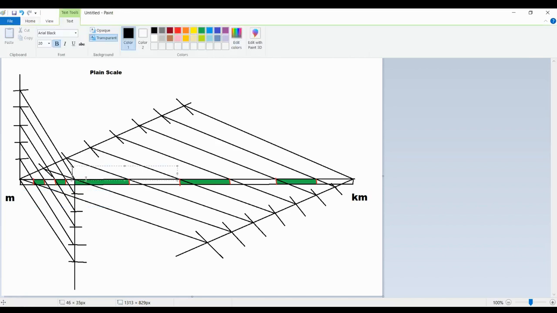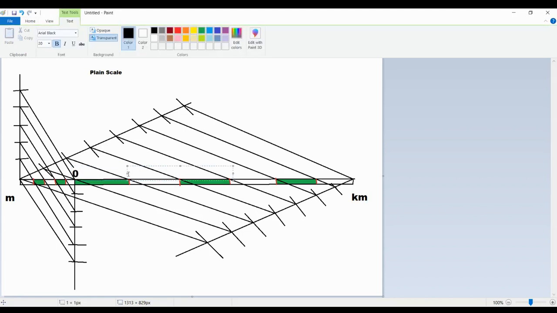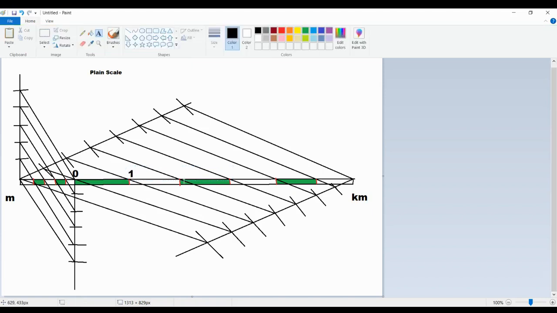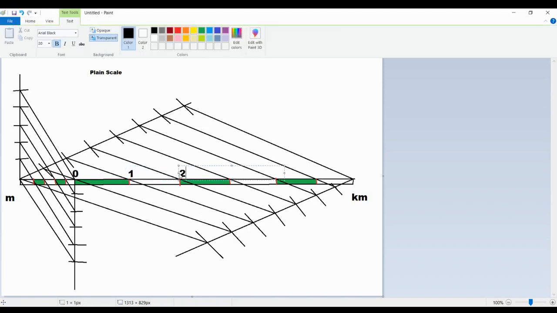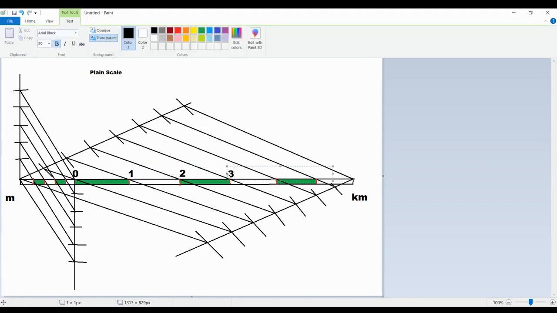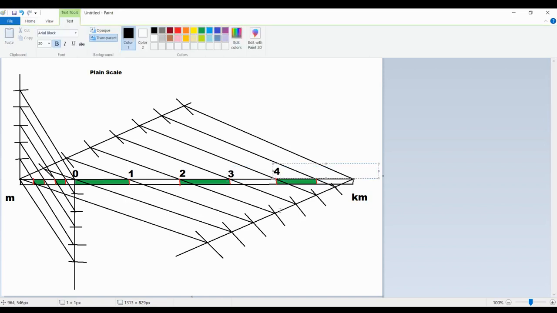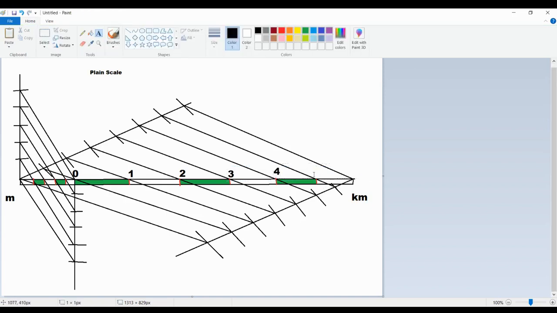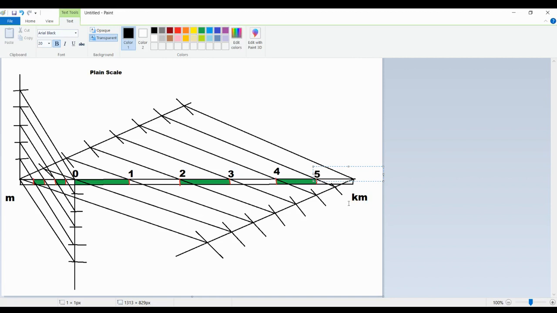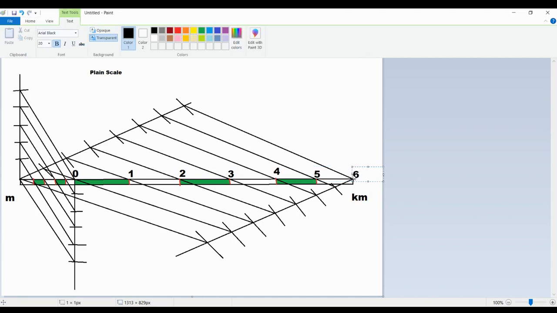Now this point over here will be 0 because our primary divisions are beginning from here. Alright, if this is 0, then this one is 1 kilometer, 2 kilometers, 3 kilometers, 4 kilometers, and 5 kilometers. The last one is 6 kilometers.